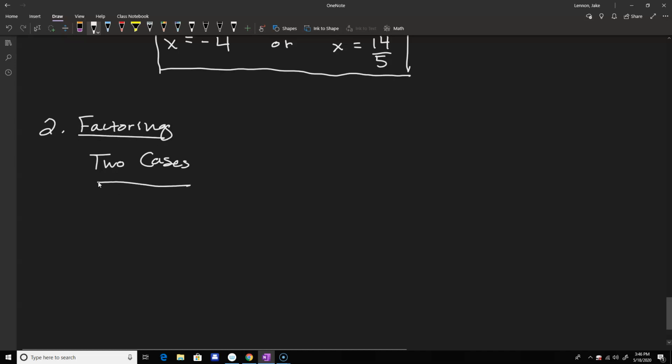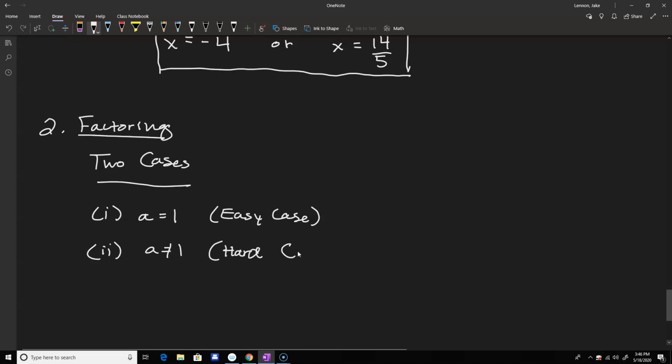The cases depend upon the leading coefficient. So one, if the leading coefficient a is equal to 1, this is kind of your easy case. And if a is not equal to 1, that's your more difficult case. So I'll call it the hard case, but it's not. It's just 2 extra steps, essentially.